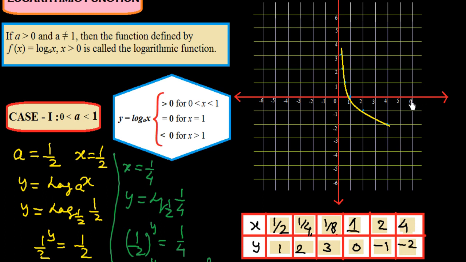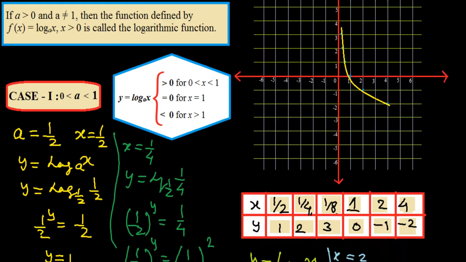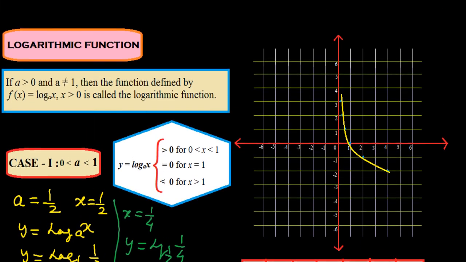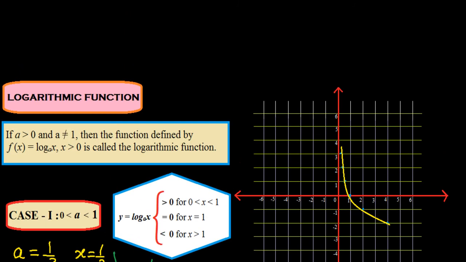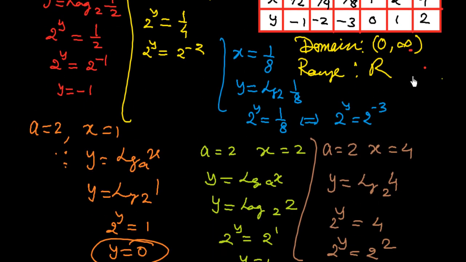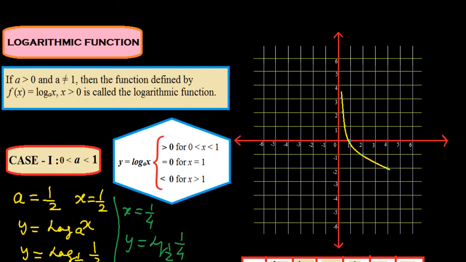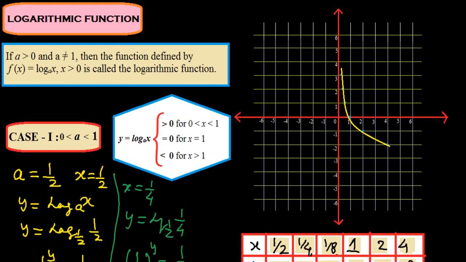And the range, because the graph is on both sides of the x-axis, the upper side and the downwards, so the range is R here also. So the domain and range for this are the same as we have seen in the previous logarithmic graph. The domain is 0 to infinity and the range is R.